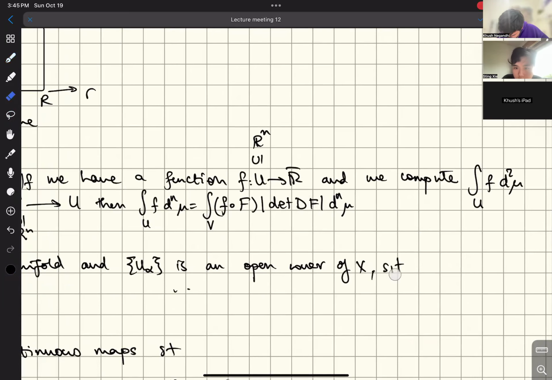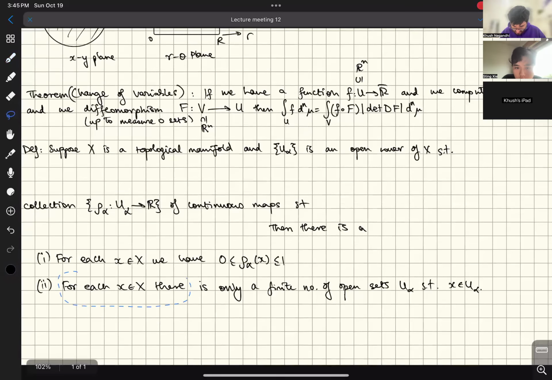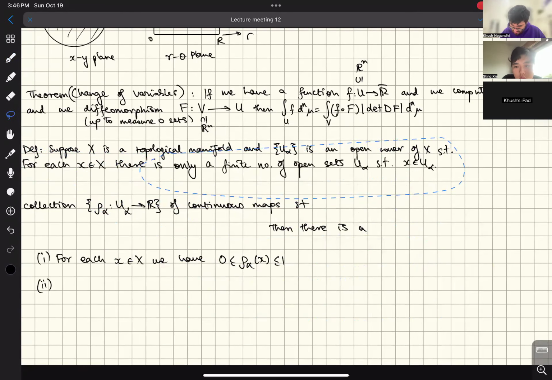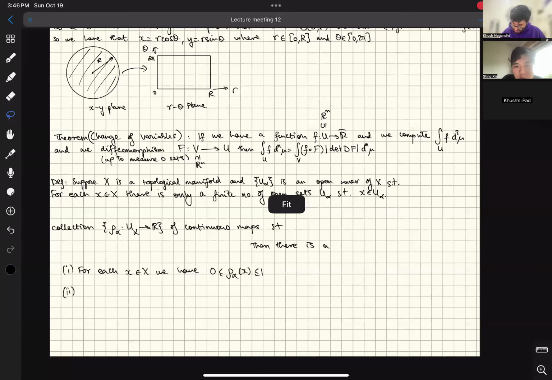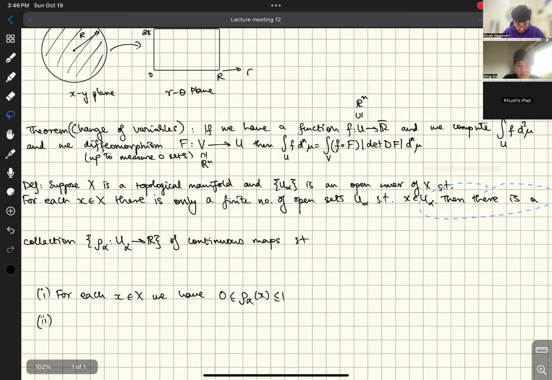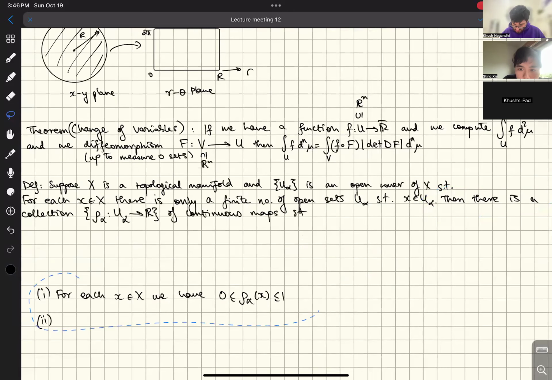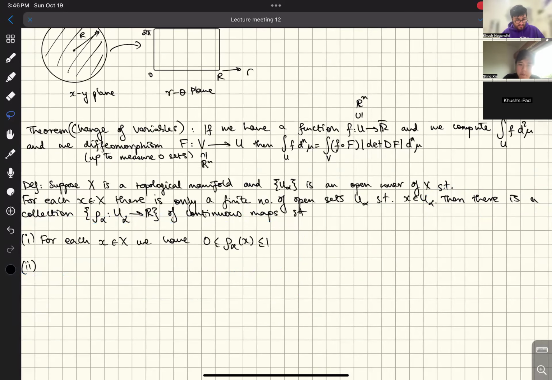such that for each x in X, there's a finite number. And then there is a collection such that these things.